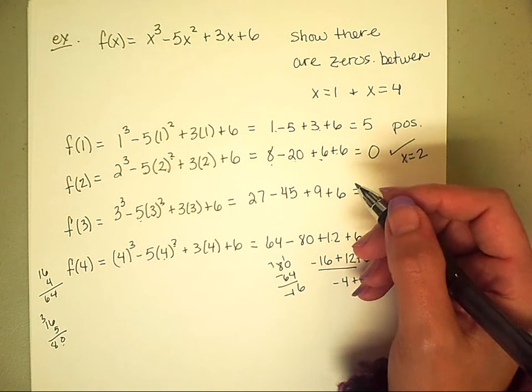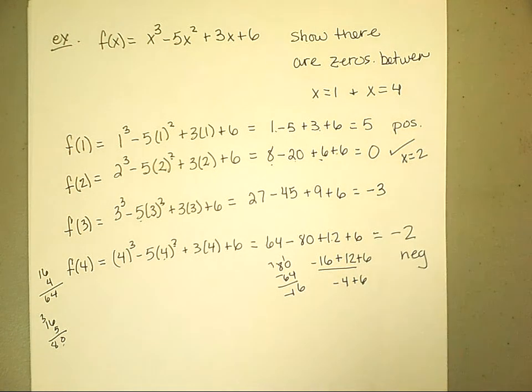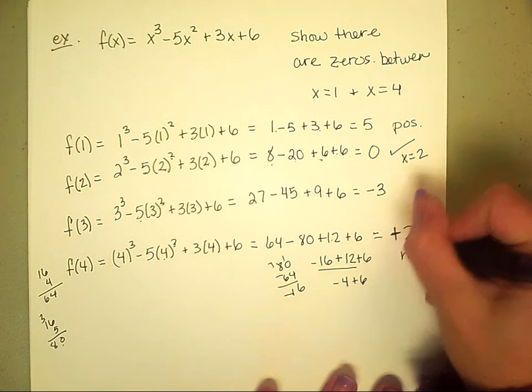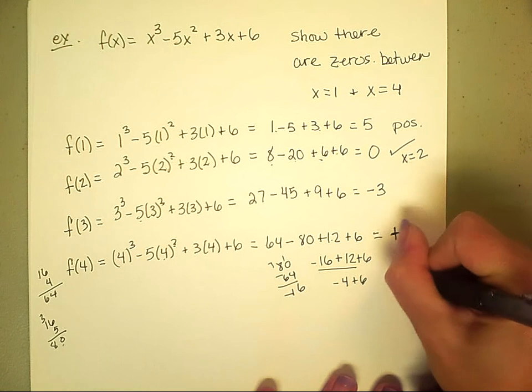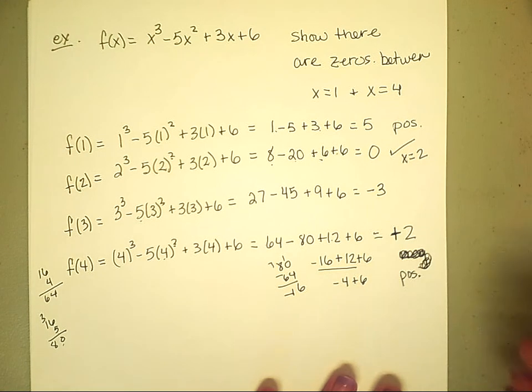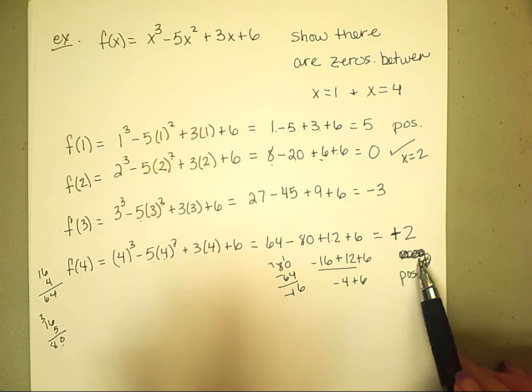And what we'll see when we add all of this up is that this will be negative 3. Did I do this right? This is positive 2. Sorry, you guys. This is positive 2.